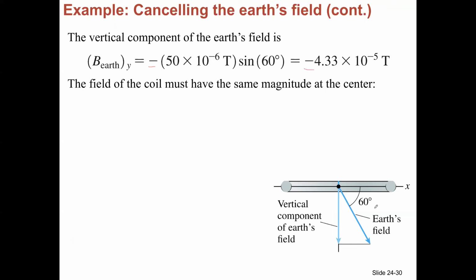So drawing this problem, the dark blue vector here is the total field, and the light blue vector is this component, 4.33 times 10 to the minus 5. That's the component we want to cancel, so we're going to put the turtle tank right in the center of this coil of wire. So here, this gray part is going to be a wire. This is a loop of wire.